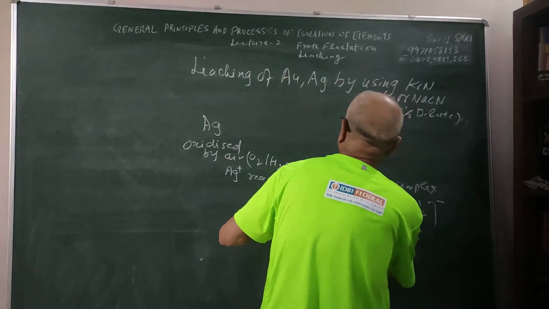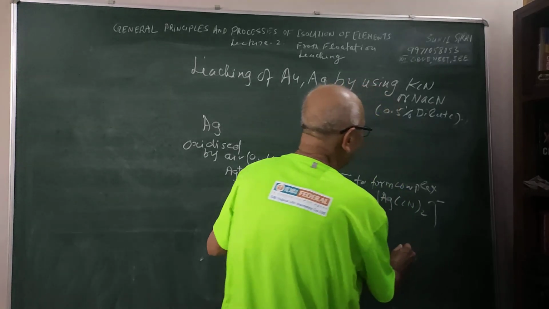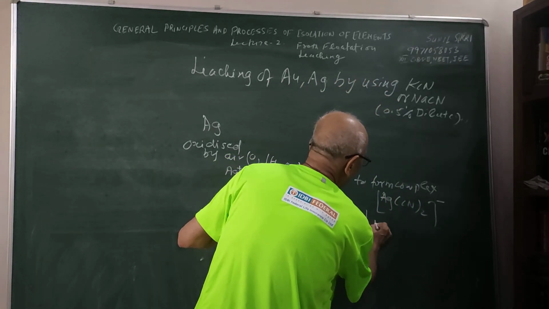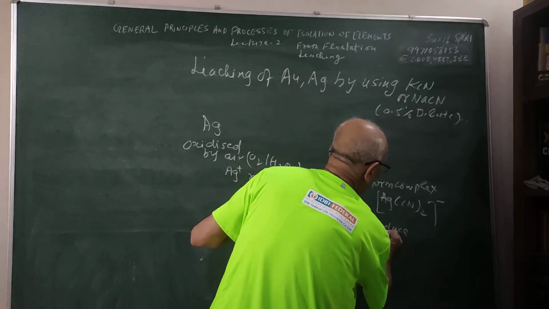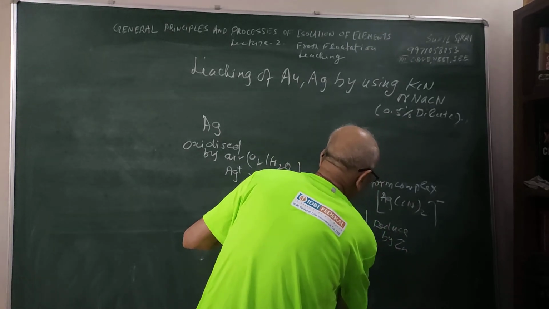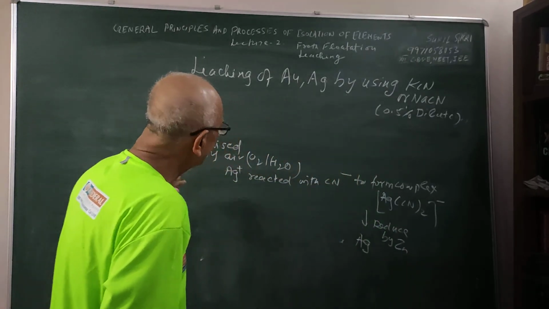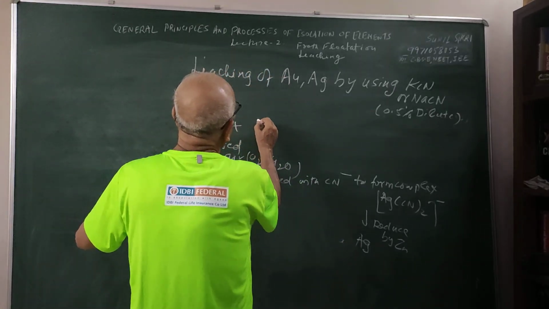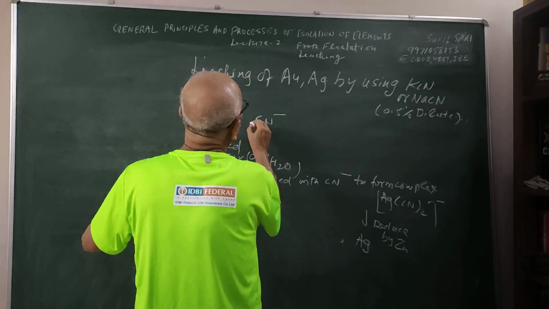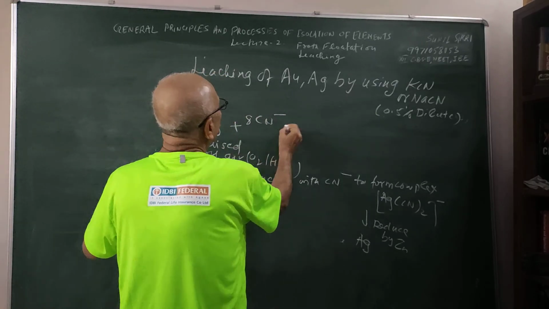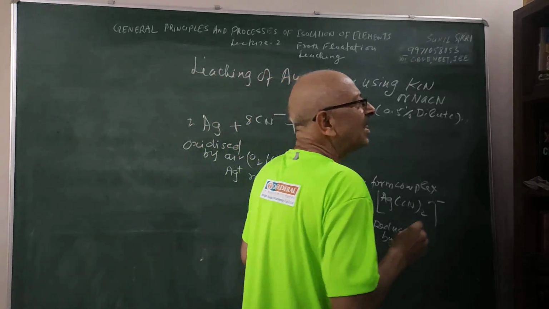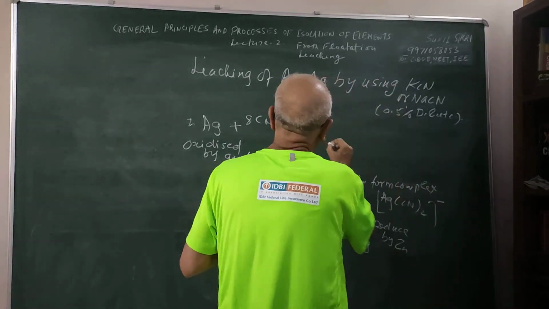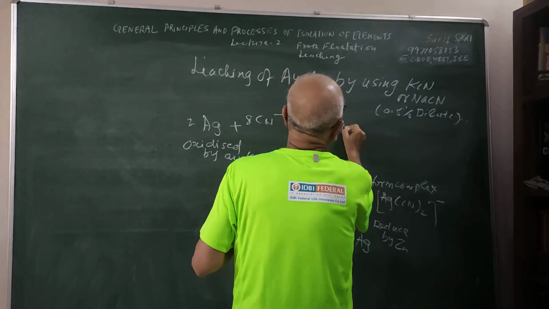Students, this is a soluble complex, and then we can reduce this by zinc to form silver or gold. So this is the story that we have to do here. You have silver, you will react with CN-, here I am using Ag plus CN-, and then you are passing water, and oxygen is present.